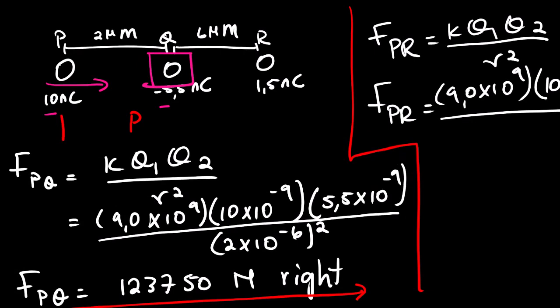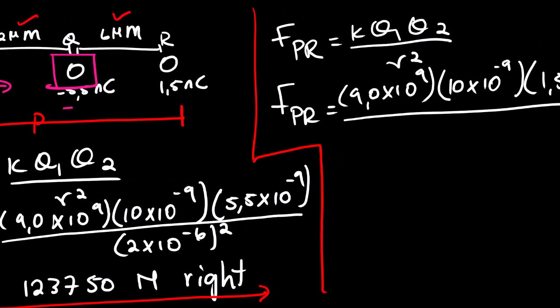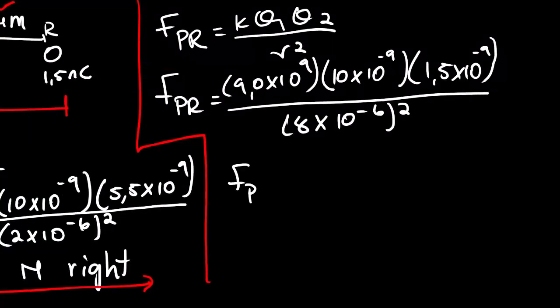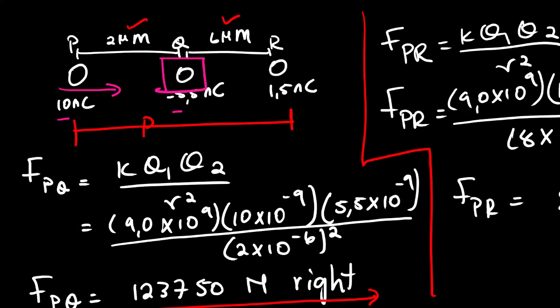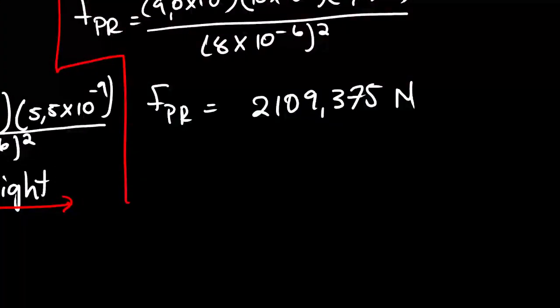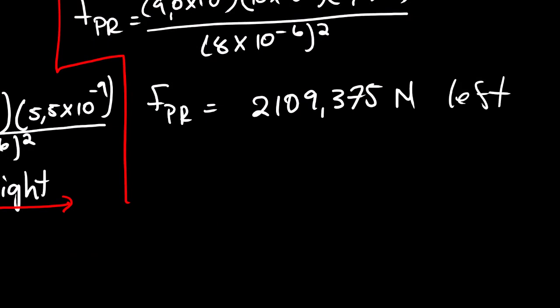Remember, the distance is from P to R, so we are going to add the 2, which will be 8 times 10 to the power negative 6, squared. The answer is FPR equal to 2109.375 newtons. Let us figure out the direction. We make sure that this doesn't move. Since it's positive and positive, it is a force of repulsion. This will move to the left. So the direction is left.